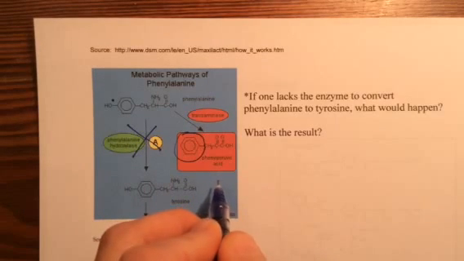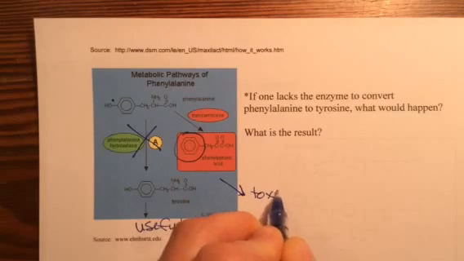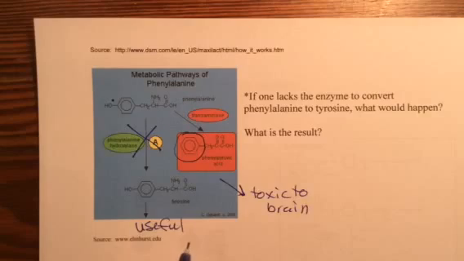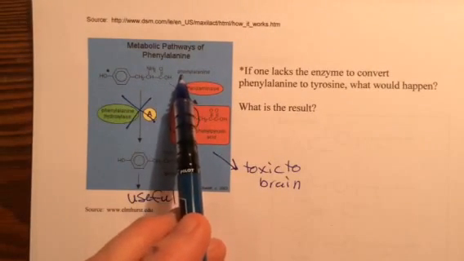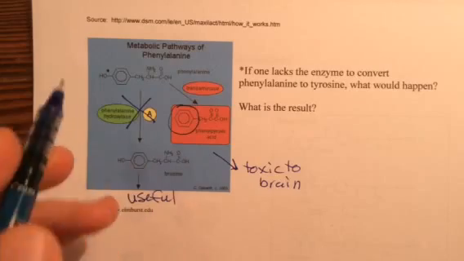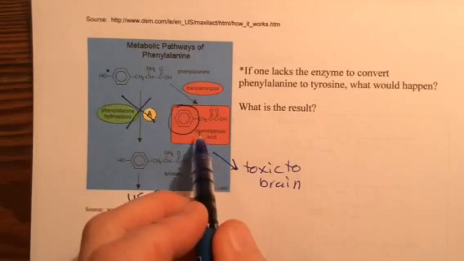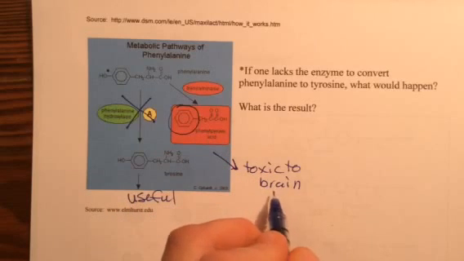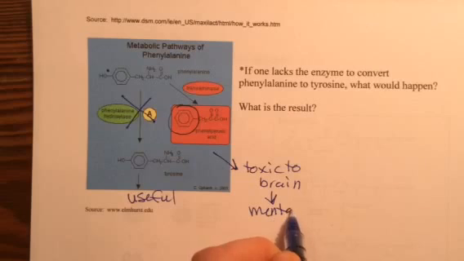But the reality is that phenylpyruvic acid is toxic to the brain, which means that if someone who lacks this enzyme continues to consume phenylalanine, he or she will continue to produce phenylpyruvic acid, toxic to the brain, and this leads to mental retardation.